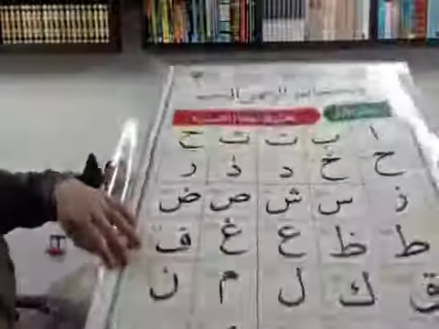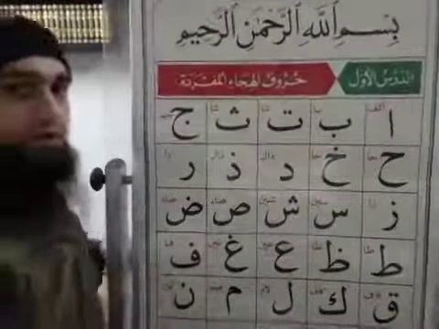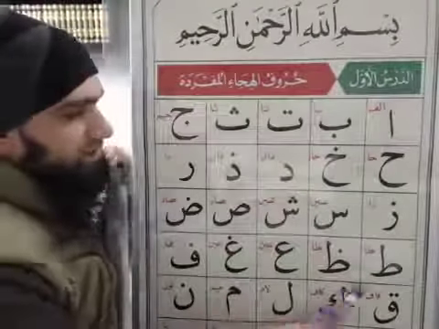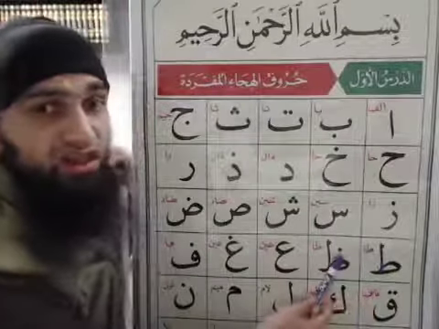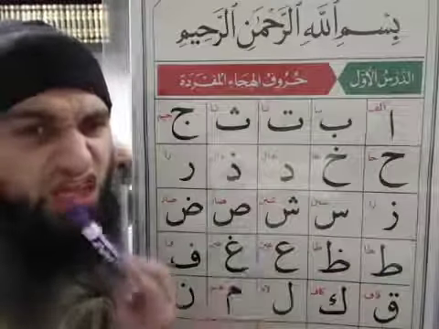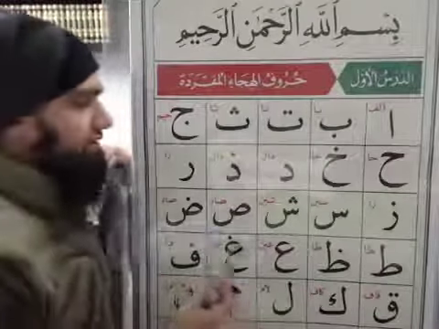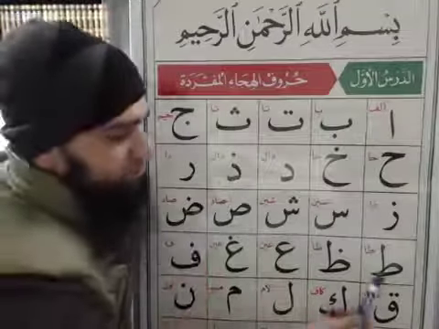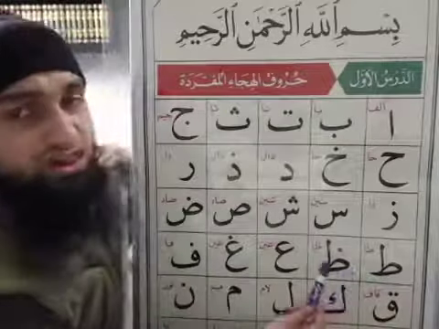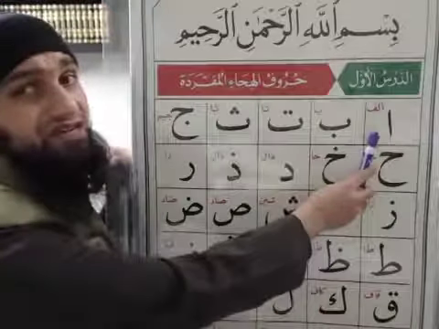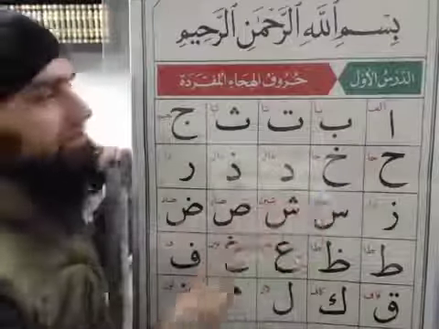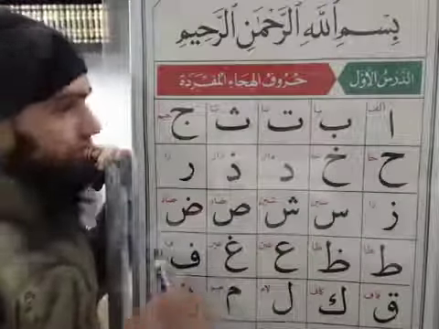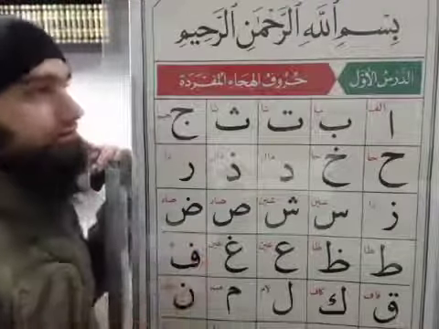Moving on. So we have Ta, Dha, heavy. Sad, Dad, Ta, Dha. Alif. It's getting you tired, right? Repeating these letters. But I'm telling you, once you come out of this lesson, you're never going to forget these letters your whole life.